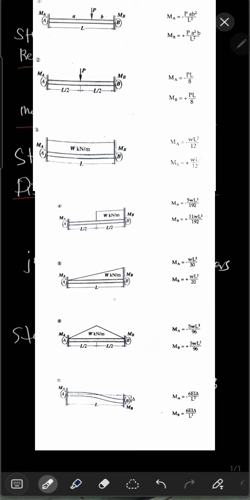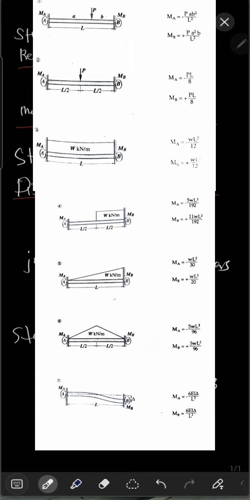We also have a formula for concentrated load at the center or the midspan, for uniformly distributed load all throughout, and a uniformly distributed load at half of your beam. We also have formula for triangular loadings, okay, and for bended or deflected beams.